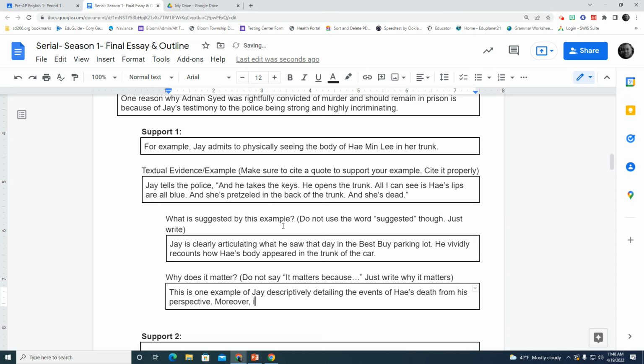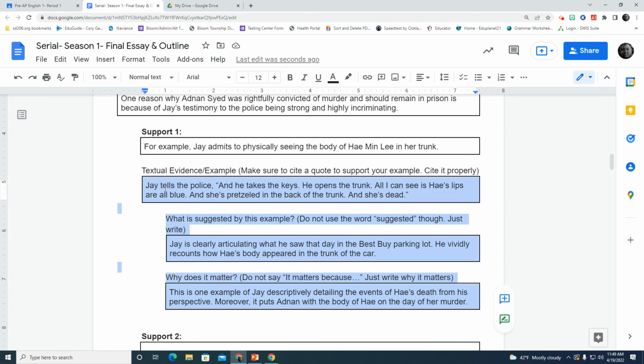Moreover, it puts Adnan with the body of Hay on the day of her murder. That helped prove my point that it was highly incriminating because Jay is basically saying, I saw her body, Adnan showed it to me. It was very detailed.